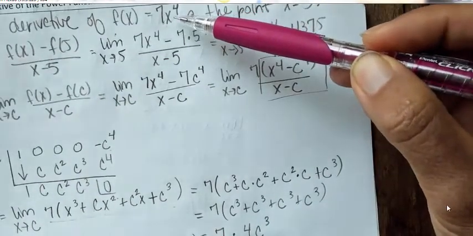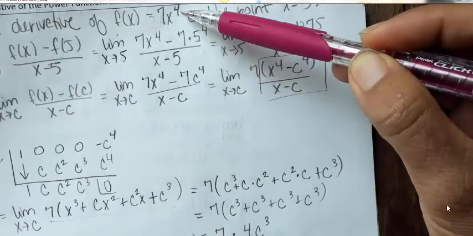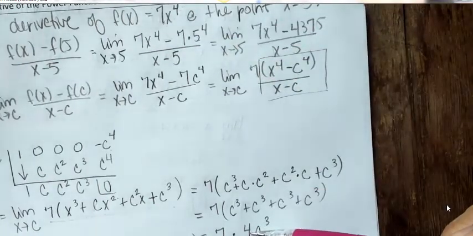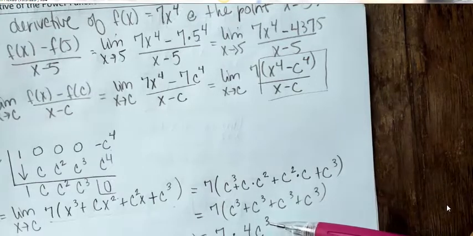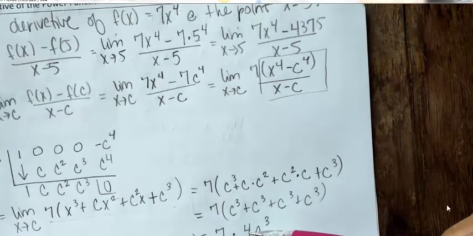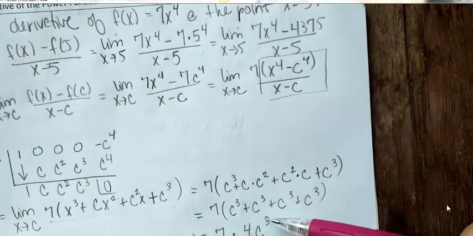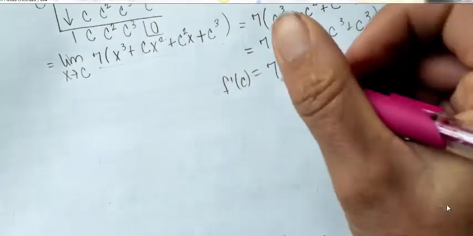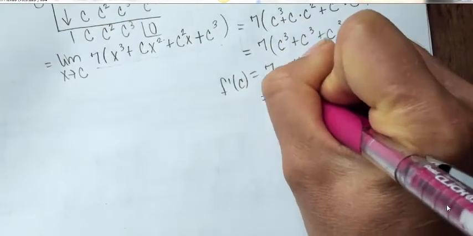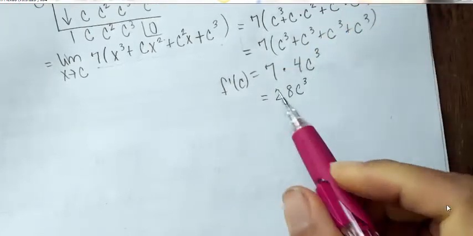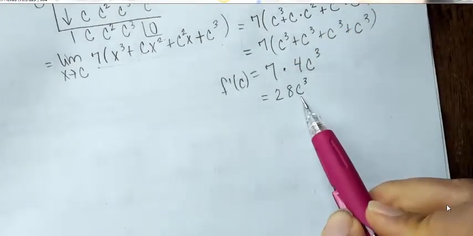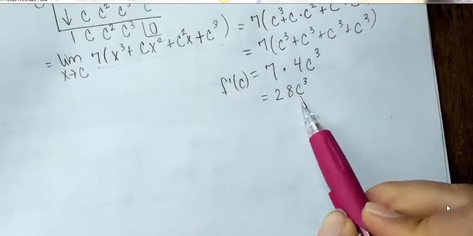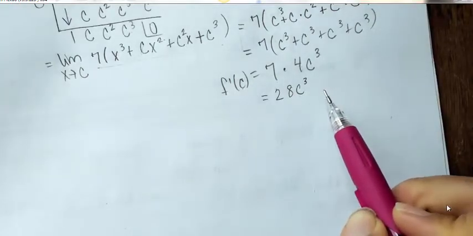Notice my power has come down in front. And what used to be my power was subtracted by 1 and became my new power. So if I simplified this, I would end up with 28c cubed. And so if I wanted f prime of 5, I would just put 5 right there. That would give me my number.